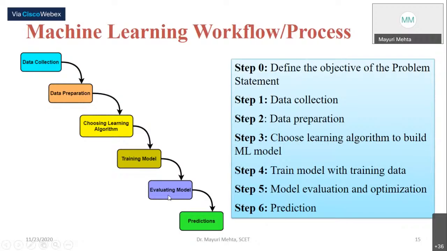The next step is model evaluation and optimization. After building a model using the training data set, the model is evaluated. Actually, it is a validation set from the training data set, right? So that is used to validate your model.